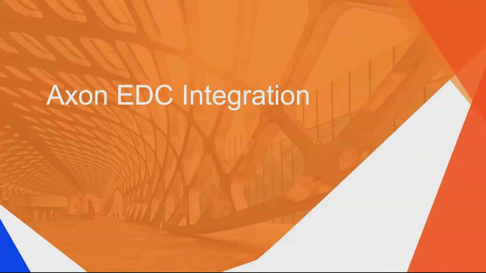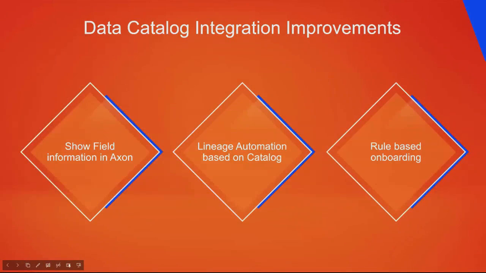So let's start with the Axon EDC integration. Axon EDC has been one of the main features for this release, and there are a few different things that we have done here. And those break up into three large buckets. The first one is sharing more information between Axon and EDC. And I'm talking about bidirectional, right? More information from EDC into Axon as well as vice versa.